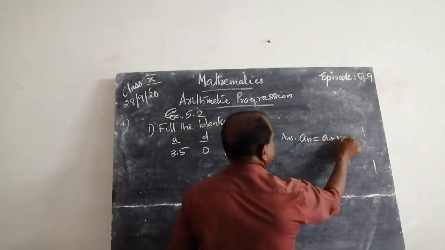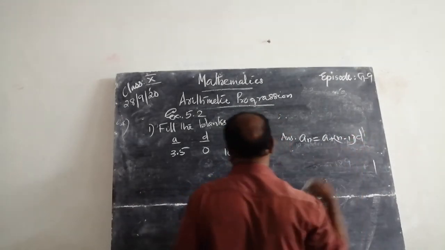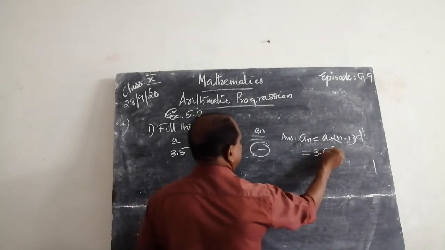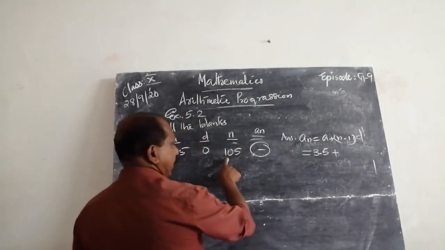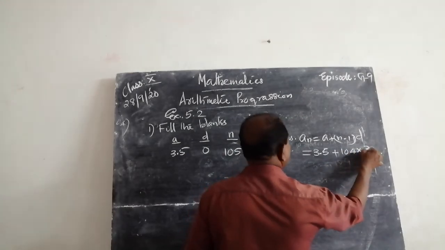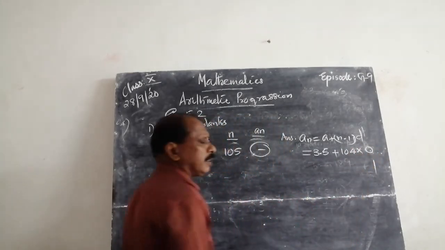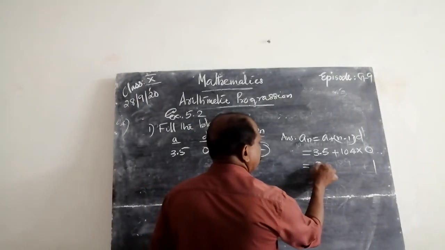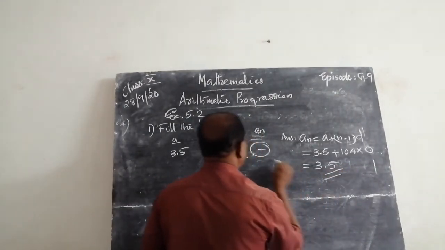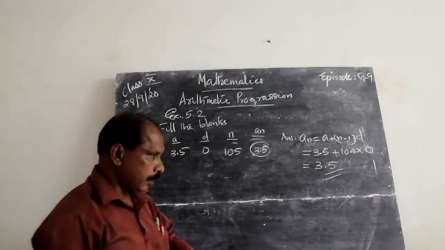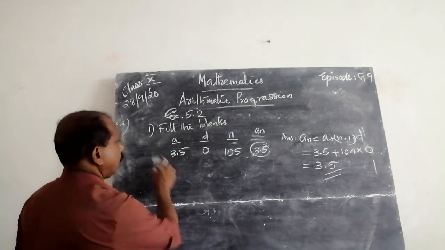A plus N minus 1 into D. That is equal to 3.5 plus N minus 1, 104, into D, 0. That means D is 0, all terms are constant. That is equal to 3.5. Therefore, answer is 3.5. That is the answer. Okay.